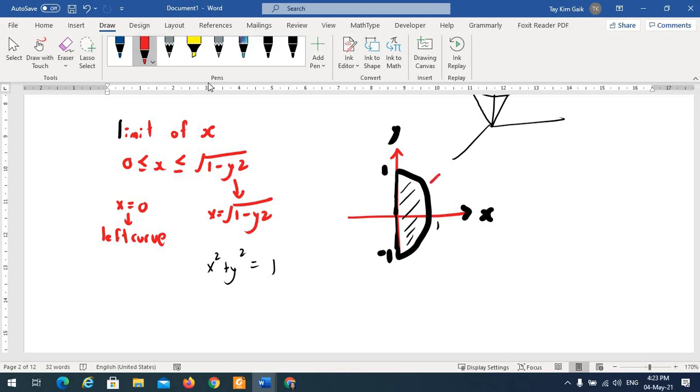This is x squared plus y squared equal to 1, so r equals 1. That's why the limit of r is from the origin up to the radius of the unit circle, r from 0 up to 1. And you have the right hand side circle only. That's why your theta, when you look at it here, is from negative pi over 2 to pi over 2, or from 3 pi over 2.